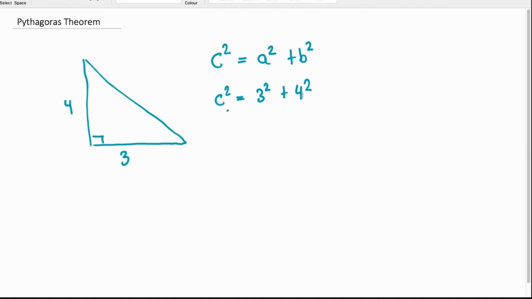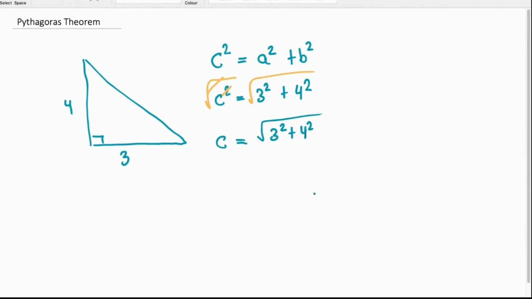It's the square root. So what I'm going to do is I'm going to square root both sides over here. That way, this square root and this square will cancel, leaving me with just c is equal to square root of 3 squared plus 4 squared.